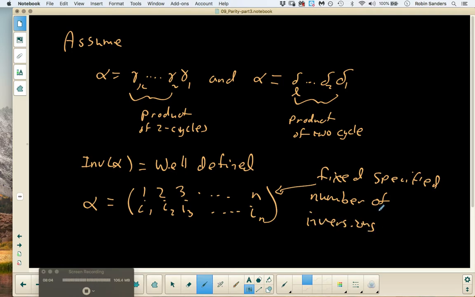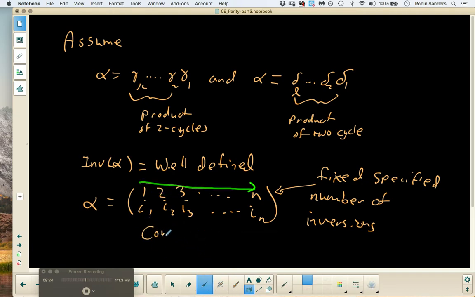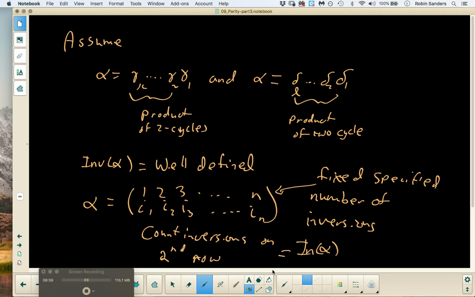In other words, there aren't two ways of defining this inversion number. No matter how you look at the two-row notation, when you untangle it so the top row is in order, you count the inversions on that second row, and that gives you the inversion number of alpha.